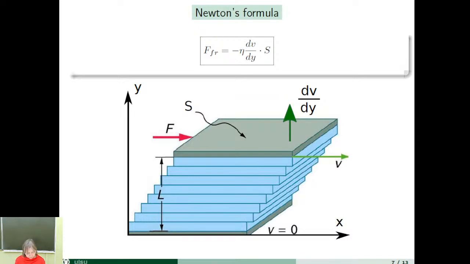The viscosity of blood, eta norm, is in a range from 0.004 to 0.005 Pascal seconds. It's a norm.